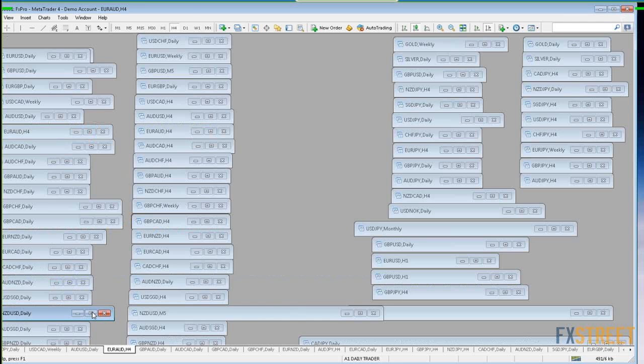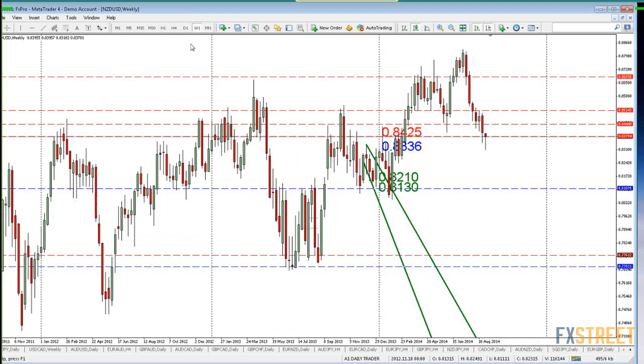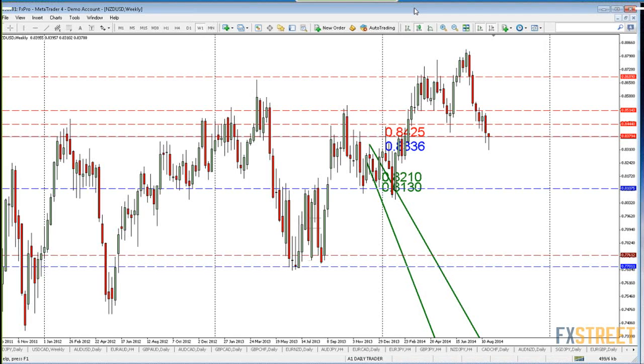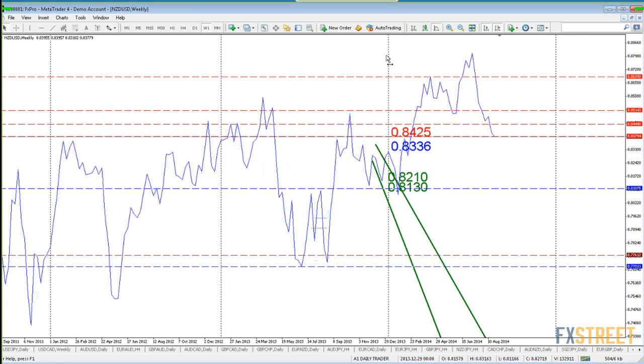This is a live trade, and it's on the weekly. It was on the weekly Kiwi right here. Let me show you this one. Okay, so this is what happened here. The market, here, I'll show you. It was right here, guys.